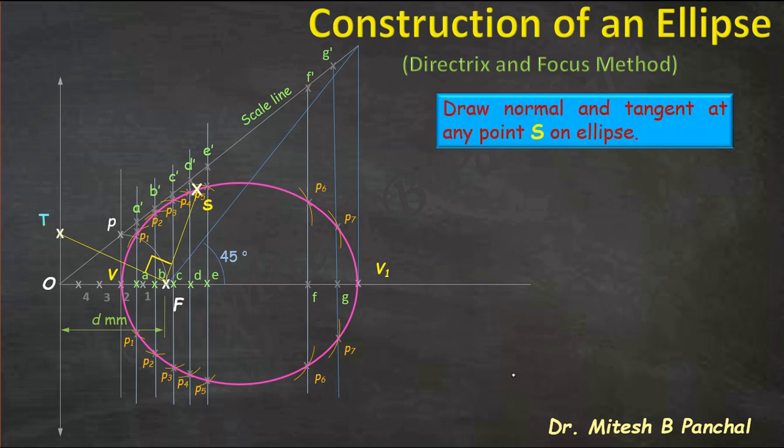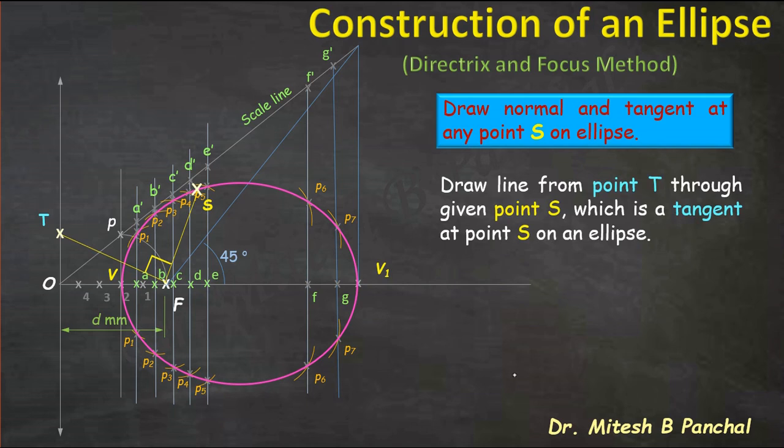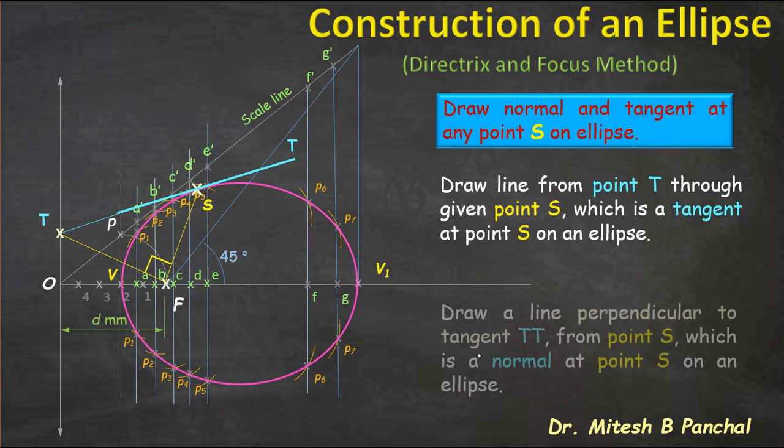After getting point T, draw a line from point T through the given point S, which is nothing but a tangent at point S on ellipse. Okay? So this line will be a tangent at point S. Now, as we know that tangent and normal are perpendicular, so from S, we have to draw a line perpendicular to the line TS, that is nothing but the tangent.